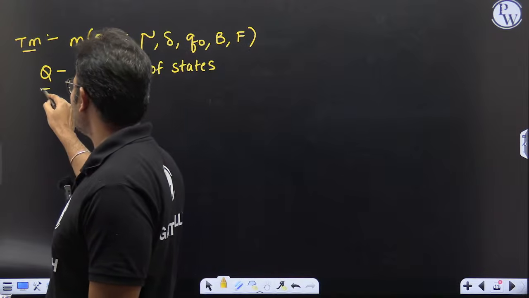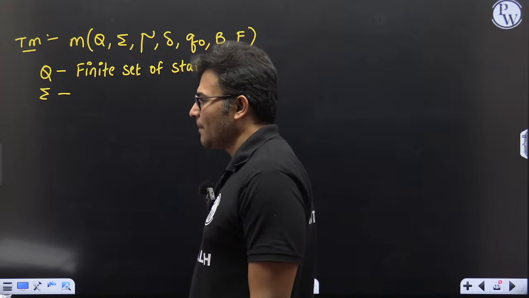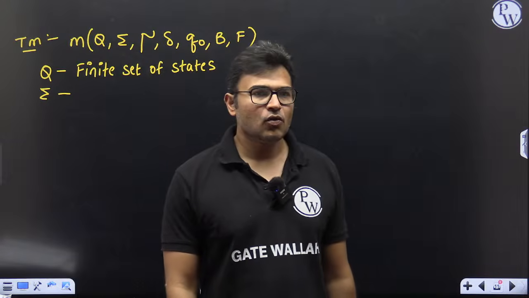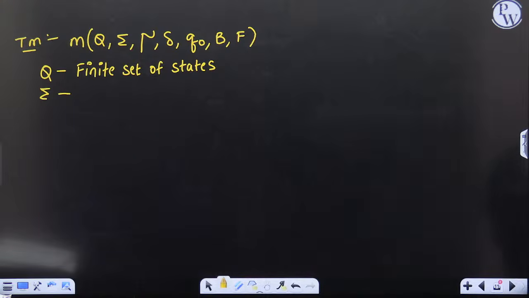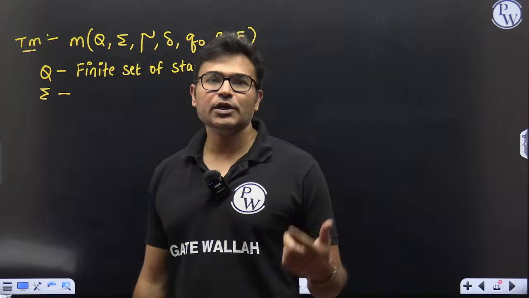Now what is sigma? We also have seen sigma. Very good. Sigma is alphabet. But here we have to say input alphabet.